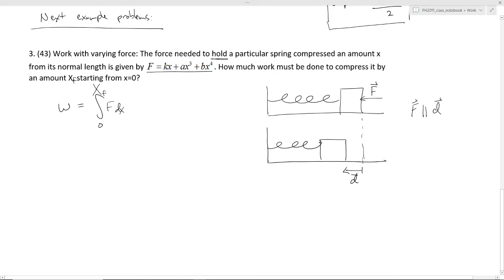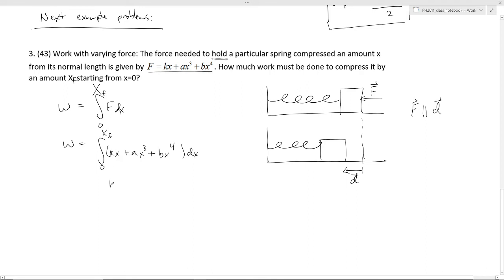So the force expression that we have to work with is kx plus ax cubed plus bx to the fourth. And we're integrating that from 0 to xf.